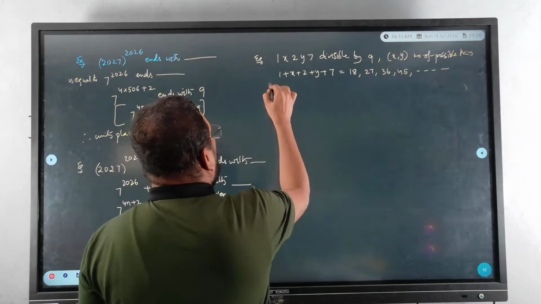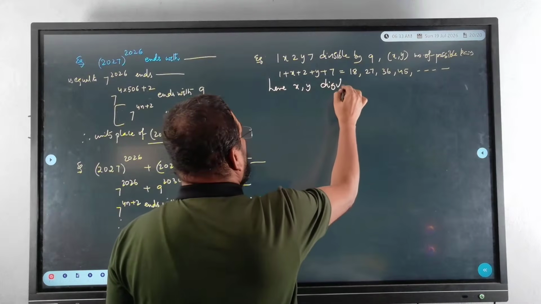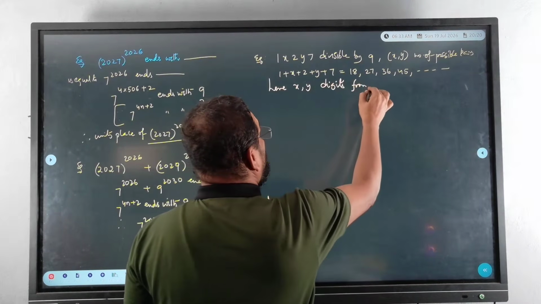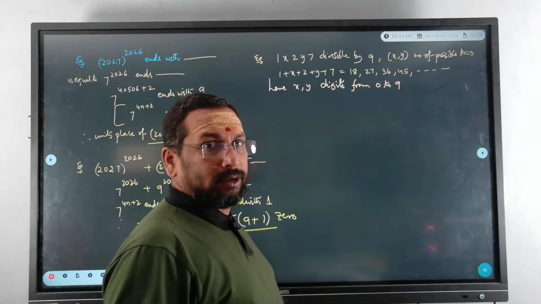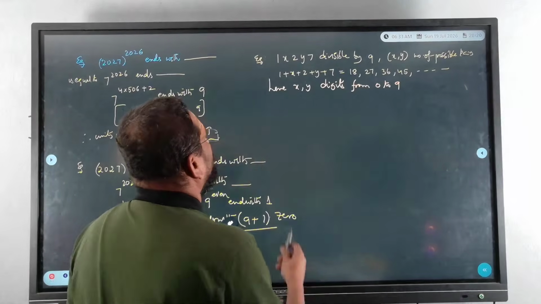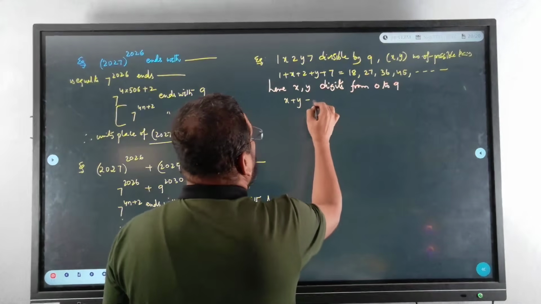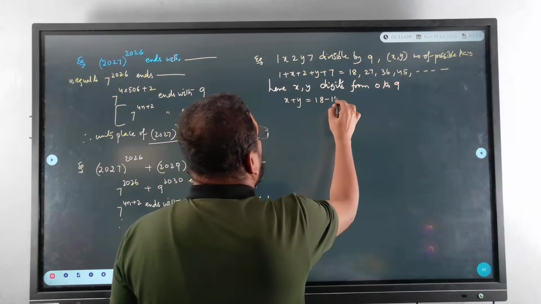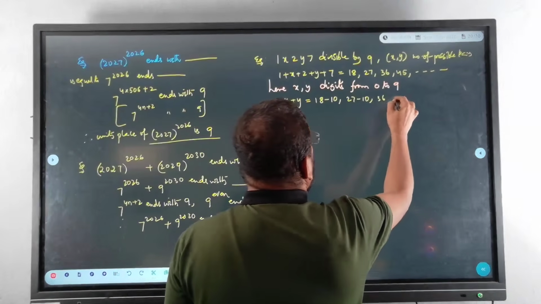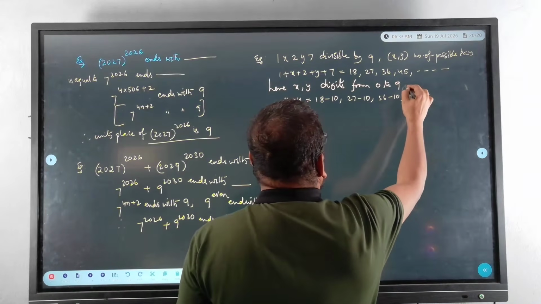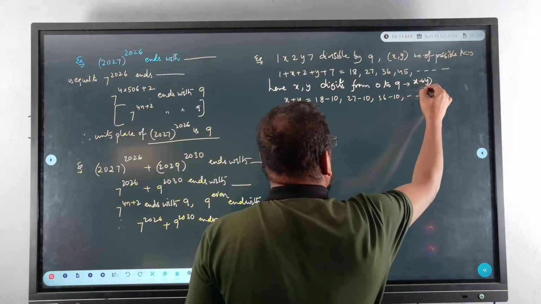Here we have to observe x, y are digits from 0 to 9. So x plus y is equal to 18 minus 10 or 27 minus 10 or 36 minus 10 and so on. Here we have to observe x plus y max.